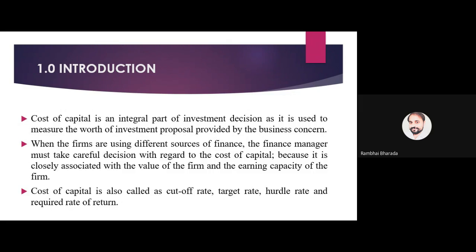Going ahead, hurdle rate. Hurdle means obstacles. If you see the current example, the Tokyo Olympics is going on. If you want a gold medal, what do you need to do in the final stage? You need to beat your competitor. Am I right? So that is your hurdle, your obstacle.